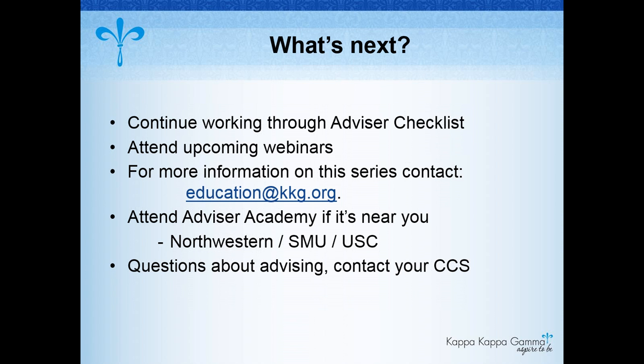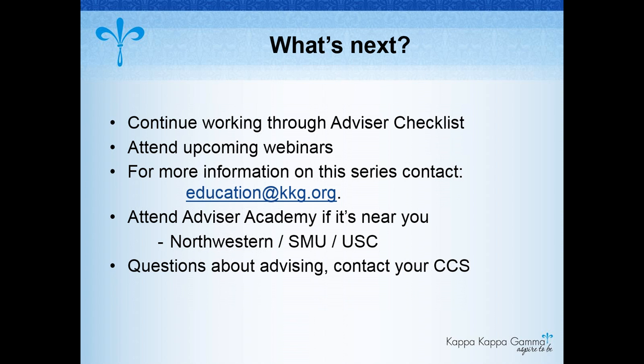Each CCS works with the advisory boards and house boards in 2 provinces. So at this time, the CCS is being shared by 2 different provinces, but they are very capable and eager to help you solve any issues that come up. So be sure and reach out to her if she hasn't reached out to you. Be sure to contact her for help.